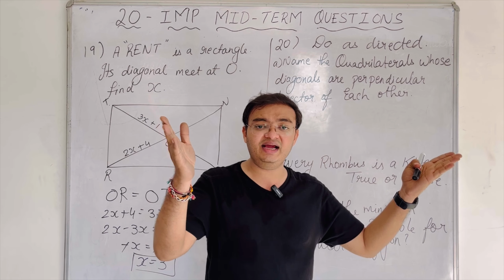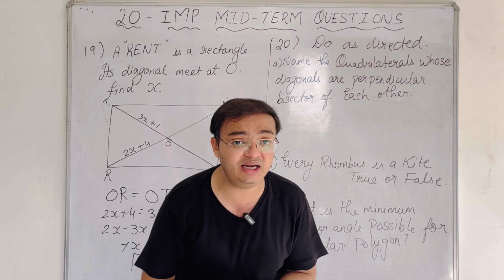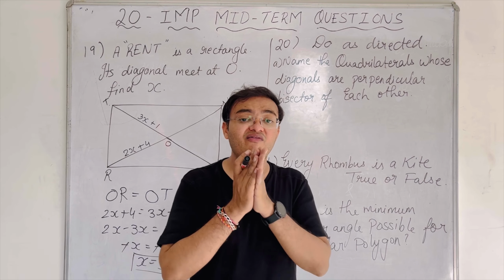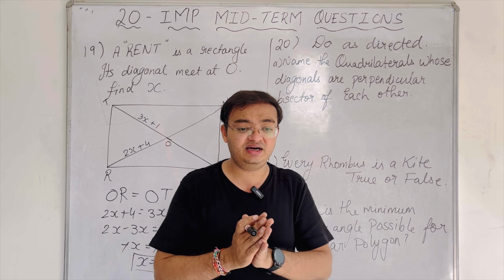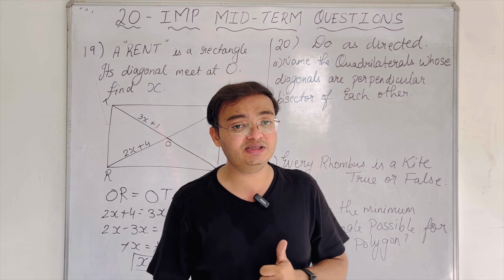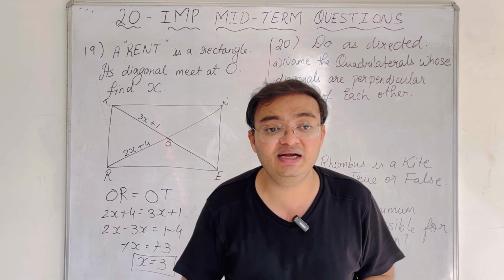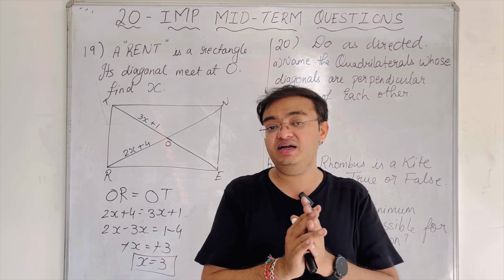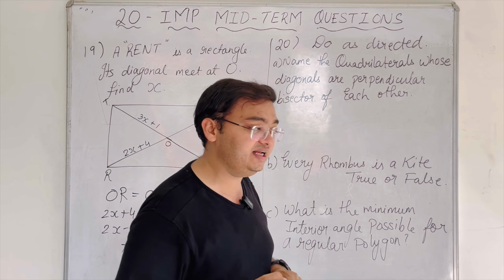Moreover, they divide each other into two equal parts, and this situation is only possible when all four sides of a quadrilateral are the same. So let's recall which figures have all four sides the same.